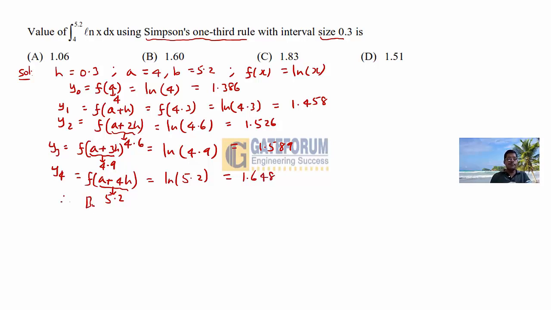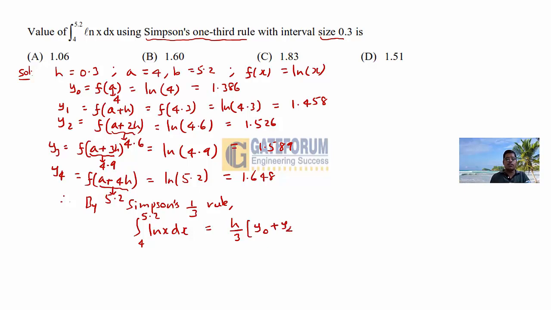Thereby, by Simpson's one-third rule, integral 4 to 5.2 of log x dx is equal to h by 3 times y naught plus yn.